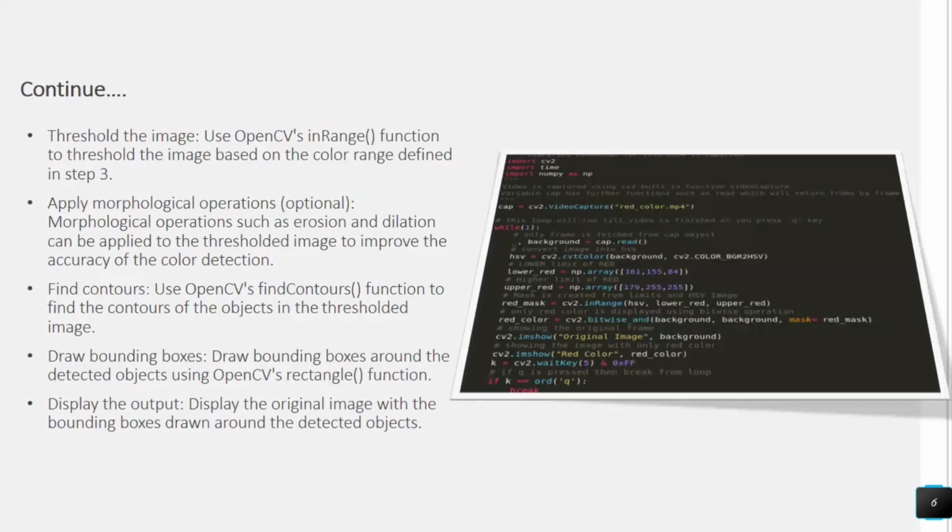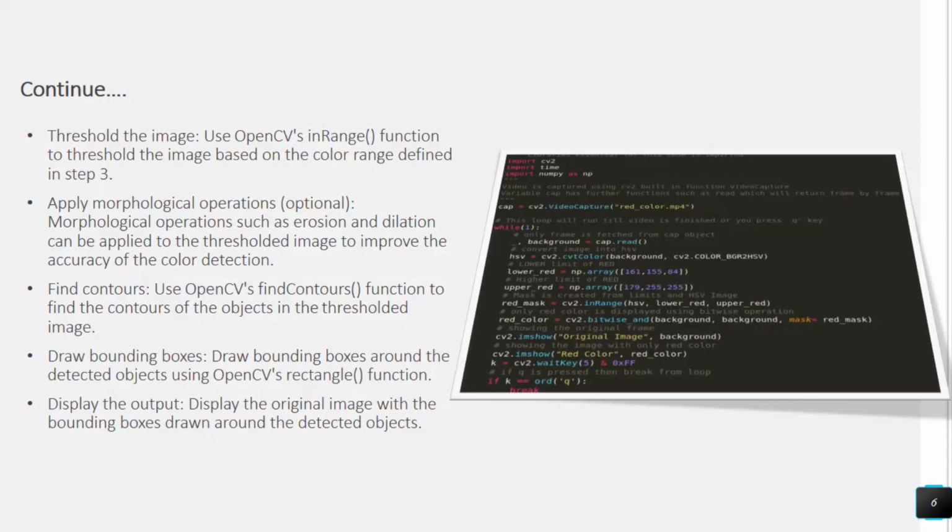Furthermore, you threshold the image: use OpenCV's inRange function to threshold the image based on the color range defined in the previous step 3. Then, as an optional step, you can apply morphological operations such as erosion and dilation to the thresholded image to improve the accuracy of the color detection.